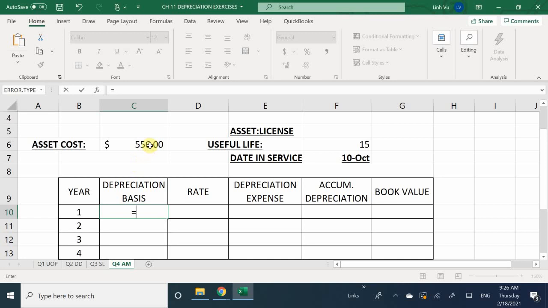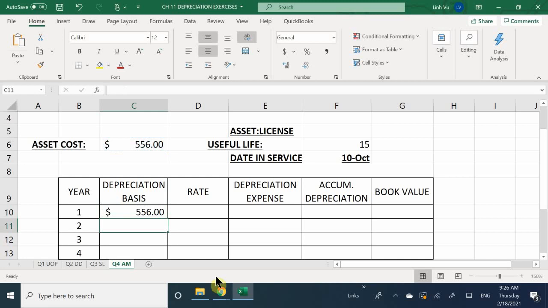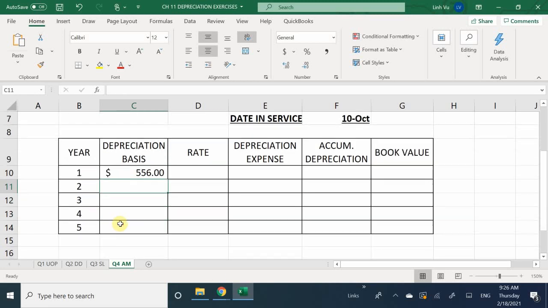556. It's the same thing as straight line, except there is no salvage value. So with that, because it's 556, it's going to be 556 for the rest of the way.